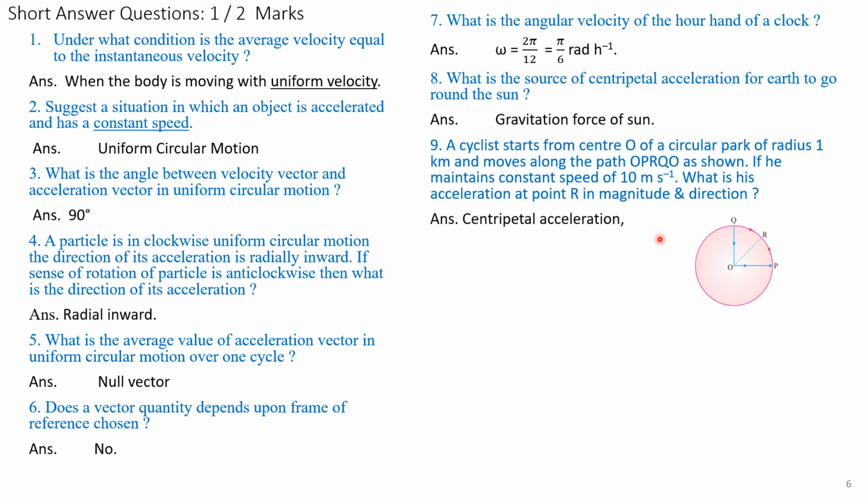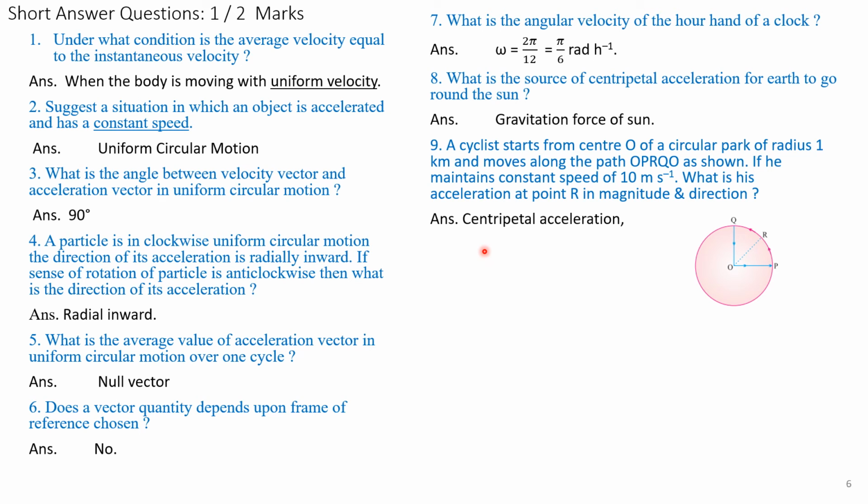The answer is the centripetal acceleration is given by the relationship a_c equals v square by r, where a_c is the centripetal acceleration, v is the velocity and r is the radius.